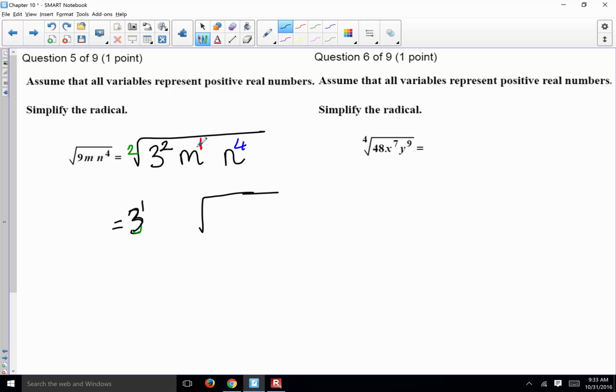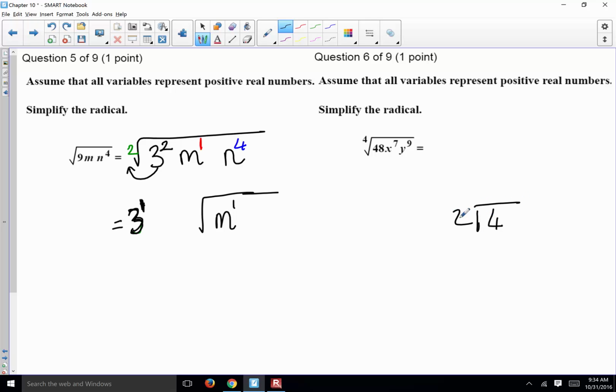Okay, next. So this guy came out as 3 to the first here, because 2 divided by 2 is 1. Can you save M from prison? No, he has no money. It's M to the first stays. Can you save N to the 4 out of prison? Yes.